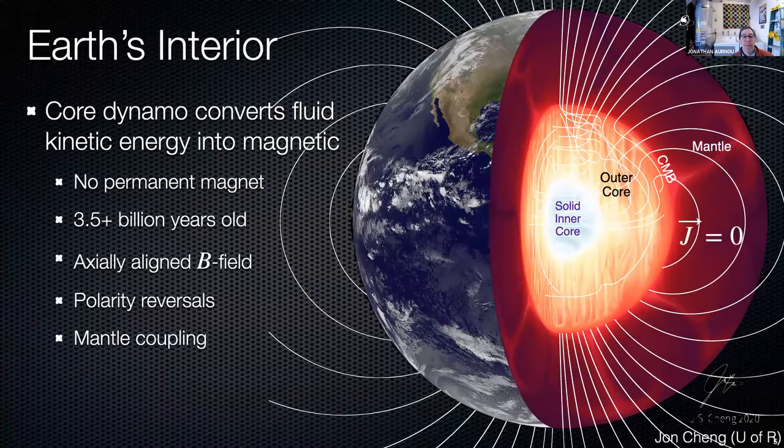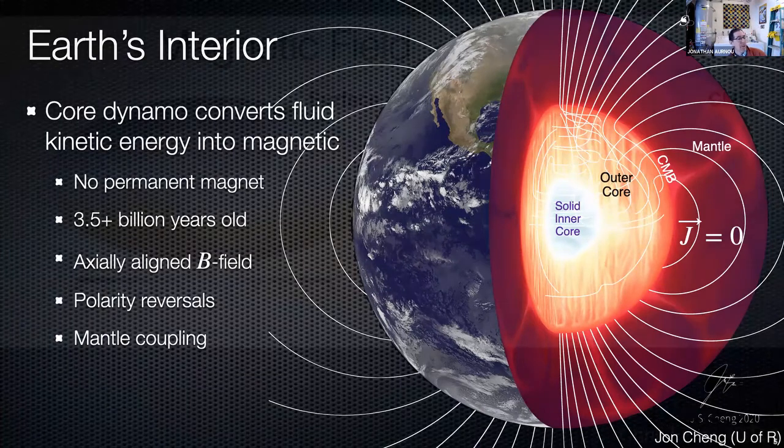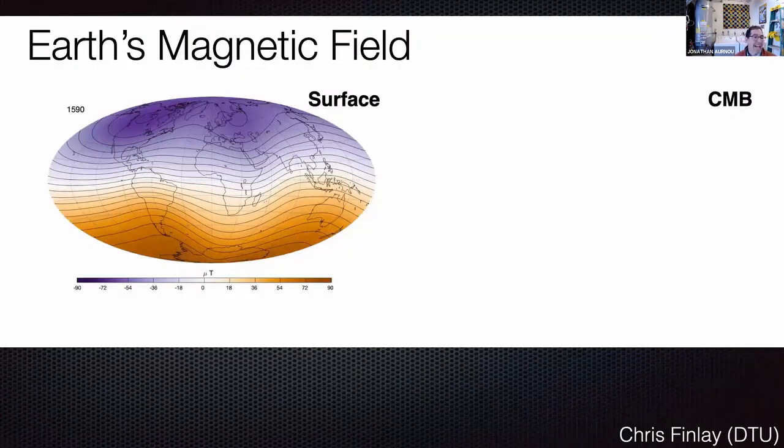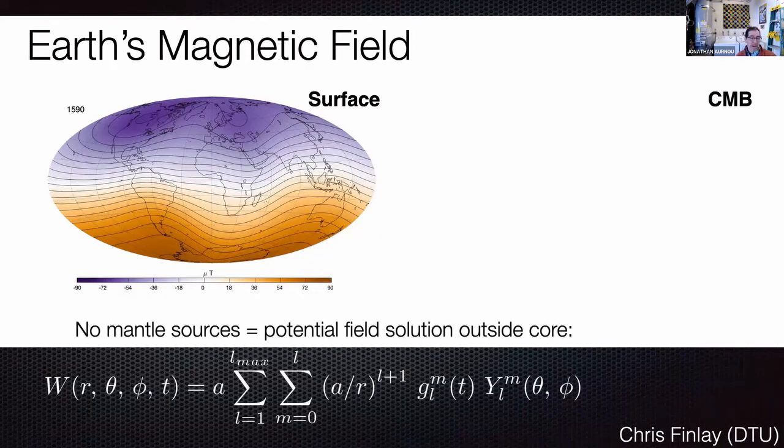One thing I should mention, though: I'm talking about energy being controlled by the mantle, but currents are not large in the mantle. J is essentially 0 in the mantle. It's not a good electrical conductor. Since J is 0, we can consider the field outside of the core-mantle boundary to be that of a potential. So we have a potential field solution out there, and we can write that down.